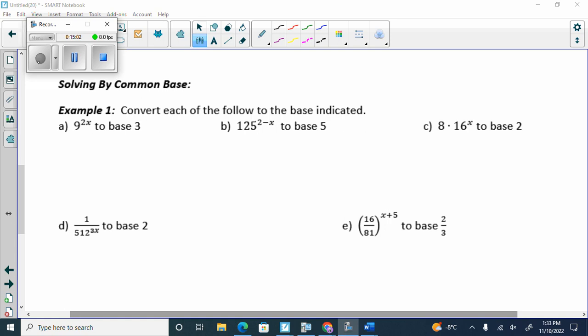So I need 9 to be base 3. 9 is 3 to the what exponent? Yeah, thank you. 3 to the 2 is 9. And then the 2x still sits out here, because that didn't go anywhere. And so we have 3 to the 4x.